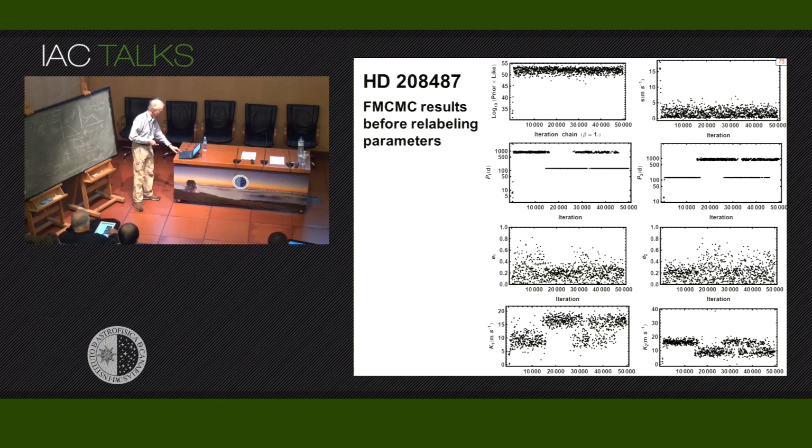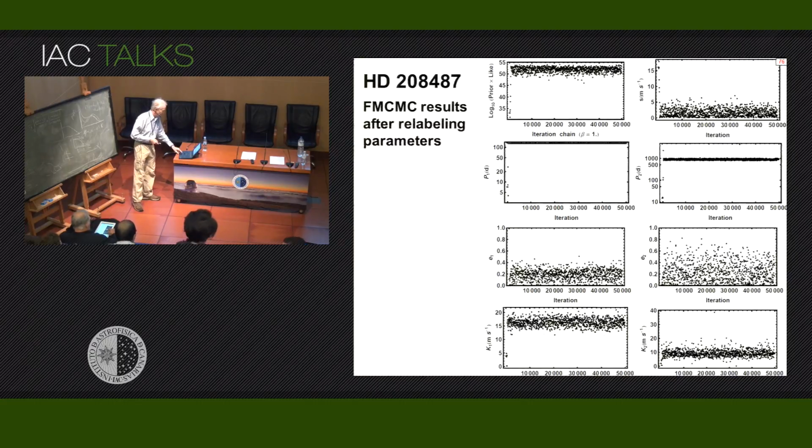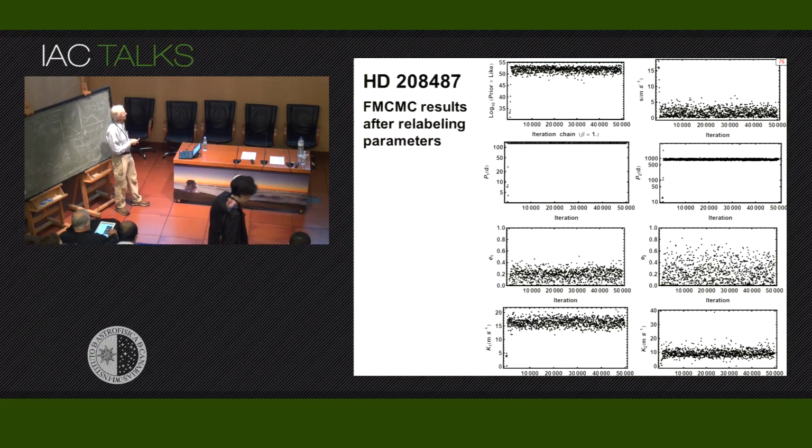After the fact, we relabel, and when we relabel, this is what they look like. So now there's a single frequency representing the lowest frequency and a single frequency representing the upper frequency, and not much else happening. On the basis of these results, there are just two periods.